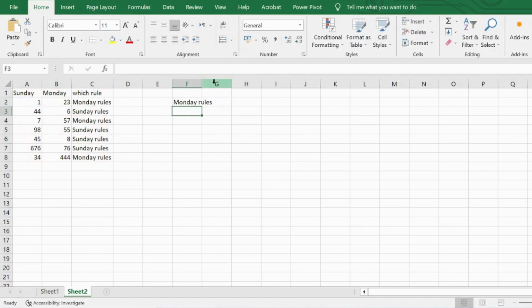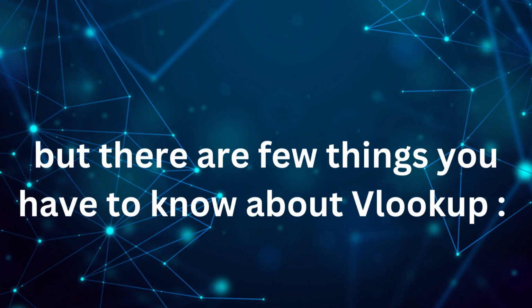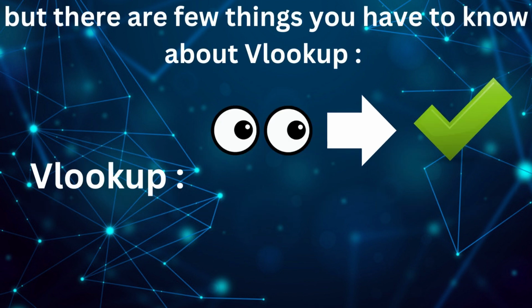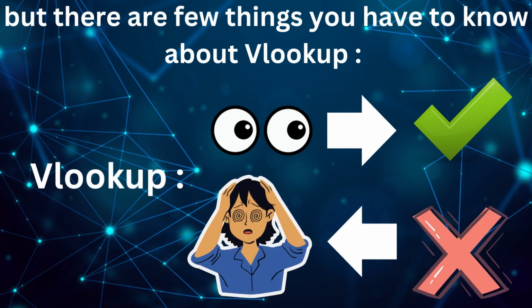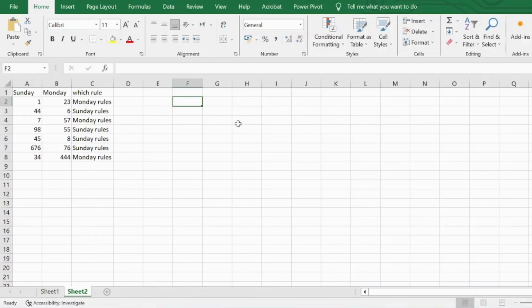We can use the autofill for the other values. But there are a few things you have to know about VLOOKUP. VLOOKUP looks for your wanted values from the starting point to the right, not the opposite. Let's understand it better in Excel.